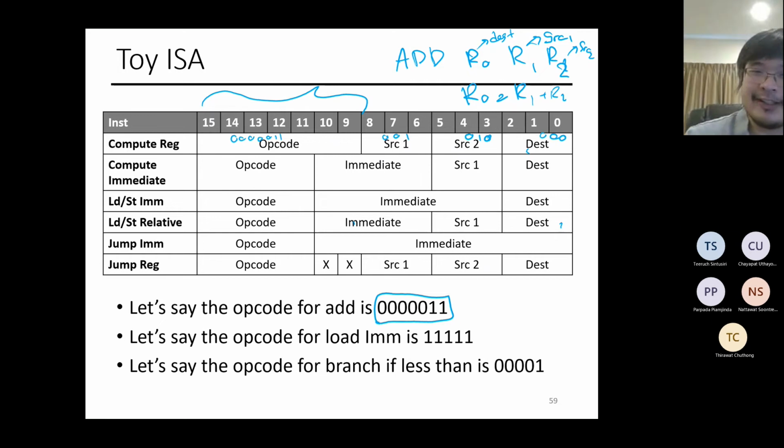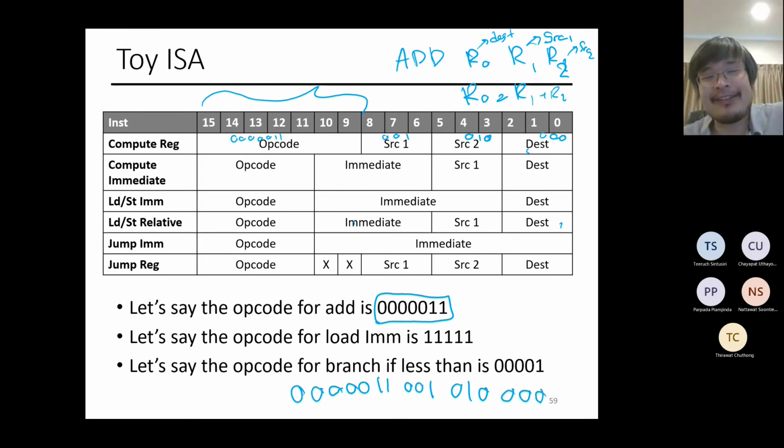So what is my instruction? 0000011 001 010 000. All right, so that's it. That's my 16-bit instruction for add R0, R1, and R2. And I can use this trick for the other instructions as well, right? So you can use this trick to implement your ISA.